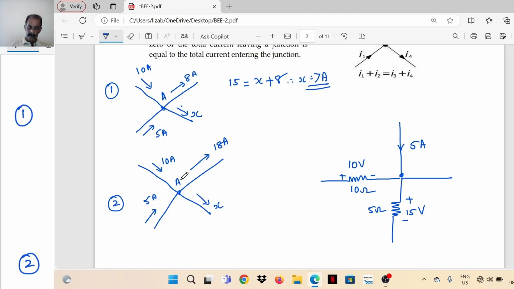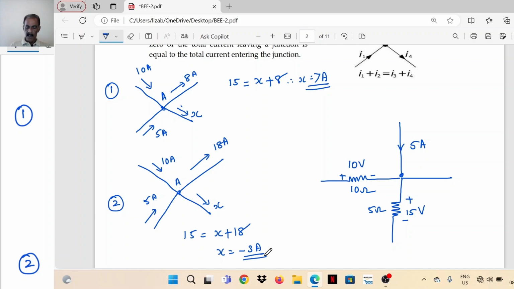So sum of incoming currents is equal to sum of outgoing currents. Incoming currents are 10 plus 5, 15, is equal to outgoing currents X plus 18. So X is equal to 15 minus 18, that is minus 3 ampere.